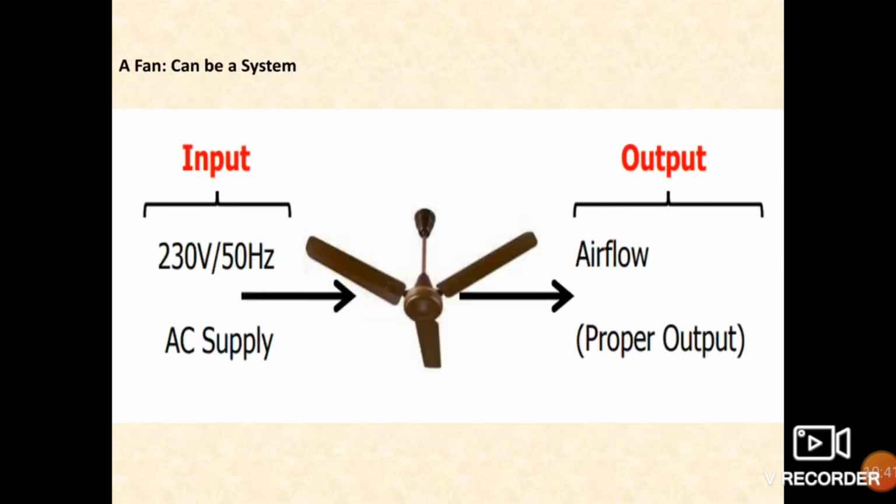next I am saying a fan can be a system. How a fan can be a system, I will illustrate. So here in this slide I am showing a fan which has 3 blades. Here also I am going to give the same input, that is switching on the fan by giving an AC supply, 230 volt 50 hertz supply is given to the fan, and the output obtained from the fan is airflow.